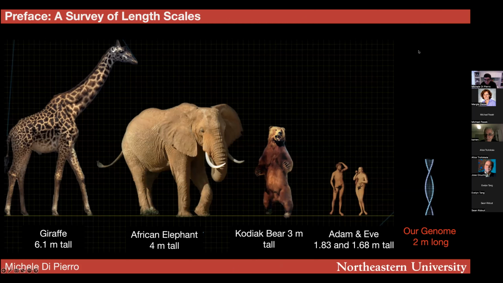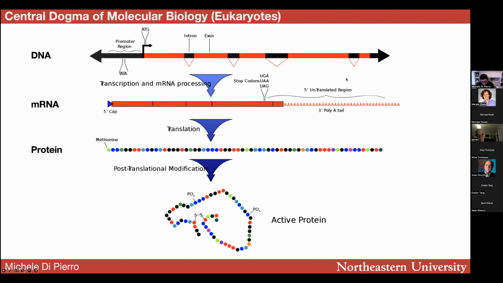The human genome is about 2 meters long. It's 46 molecules. The longest of our chromosomes is about 30 centimeters long. And this genome is stored in the nucleus, which is very small. It's about 6 microns across.